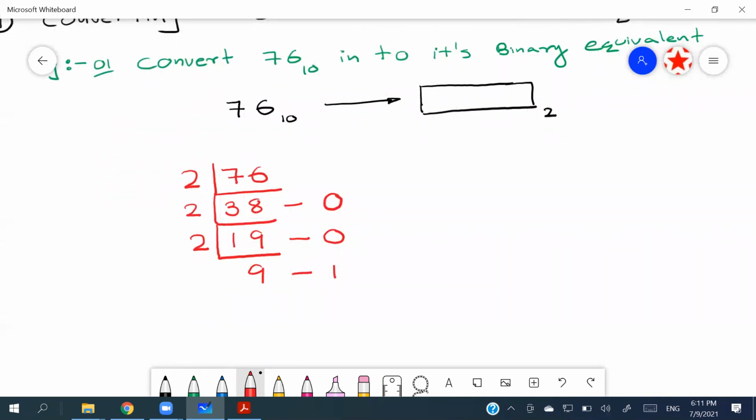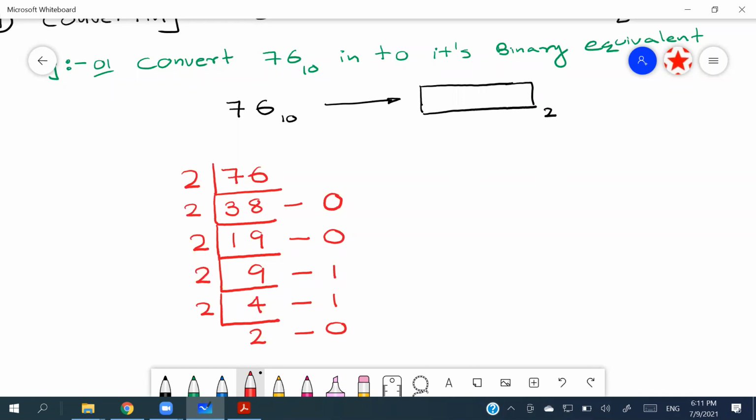And still it is not less than 2, so I'm going to divide it by 2 again. This time it's going to be 4 and 1 is remaining because 2 into 4 is 8. Then I'm going to do the division again by 2 because 4 is not less than 2. So I'm receiving 2 and 0 remaining.